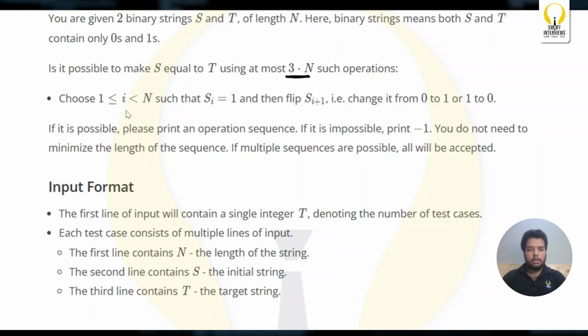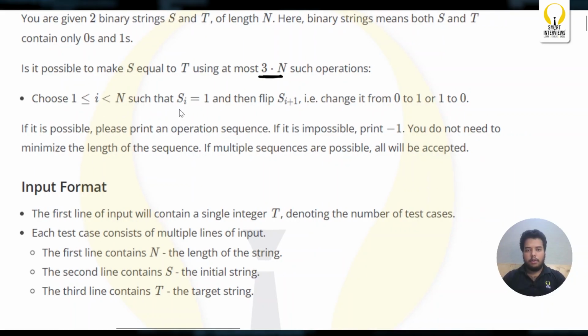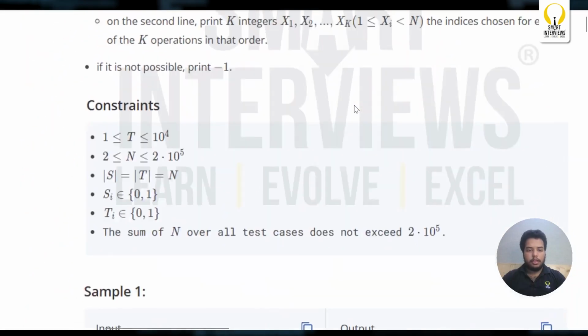Okay. So the operation is like, moving i from 1 to n, if your S of i is equal to 1, you can flip S of i plus 1. Let's go to the example and understand.